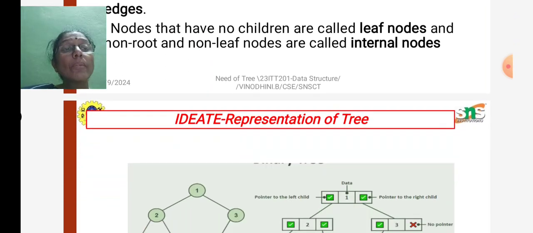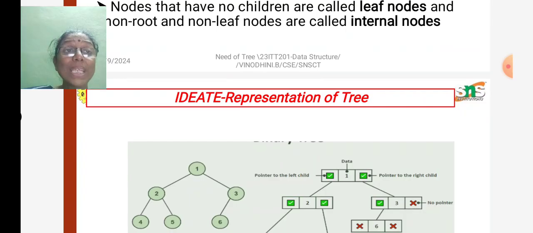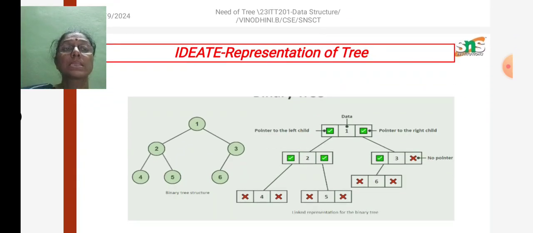Next, we have to find out the ways to represent this type of data structure. So we have to ideate the implementation ways of representing the tree. There are two ways of implementation: one is array implementation, and the other is linked list implementation. In the array implementation, if a root is at location i, the children are at locations 2i and 2i plus 1.